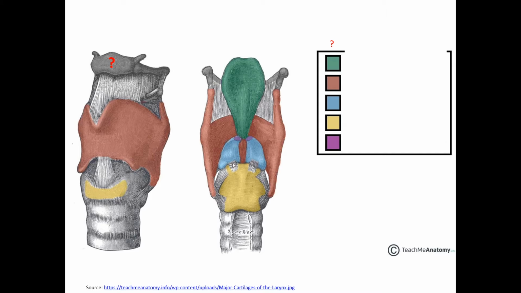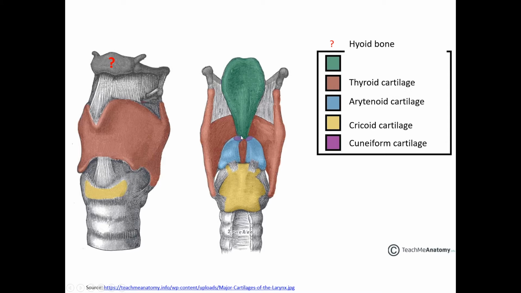So this is the arytenoid cartilage. And above that in purple, this cartilage here is the cuneiform cartilage.